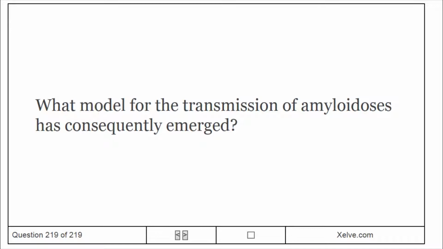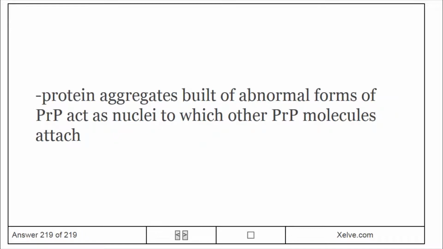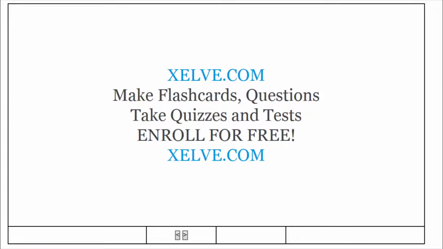What model for the transmission of amyloidosis has consequently emerged? Protein aggregates built of abnormal forms of PrP act as nuclei to which other PrP molecules attach.